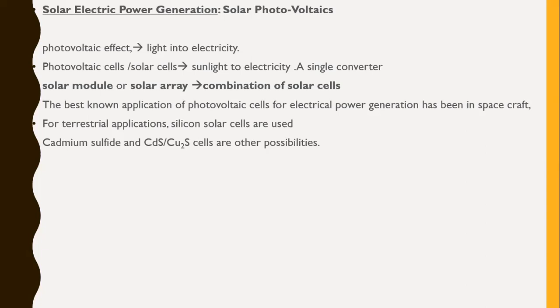We have several other kinds of photocells in the laboratory stage of development, but they are not yet fully developed. One of the famous developing photocells is cadmium sulfide, the CdS/Cu2S cell. These are other possibilities besides silicon.